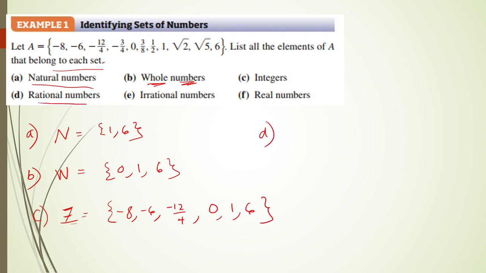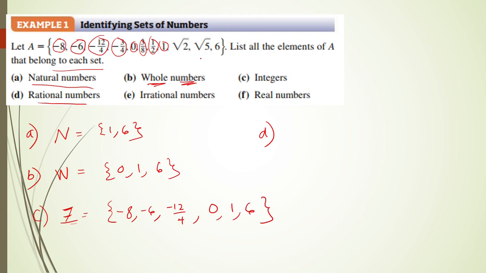Remember, rational numbers are anything that can be written as a fraction. -8 can be written as a fraction, -6, -12/4 is already a fraction, -3/4, 0 can be written as a fraction, 0 over 1, 3/8, 1/2, 1. The square root of 2 cannot be written as a fraction.